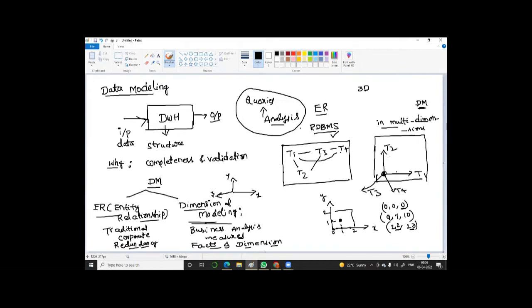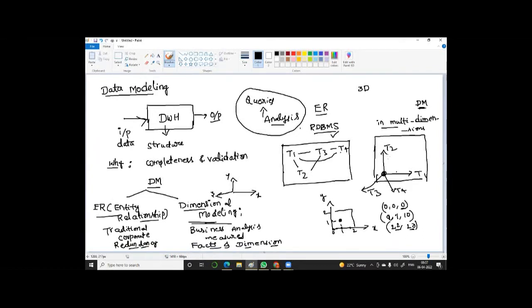Each table to table definitely has some relation, using primary keys and foreign keys, in RDBMS. But I'm asking about the dimensional DM model, where you need not relate all these things directly. How we can extract and how it works inside, that's my question.